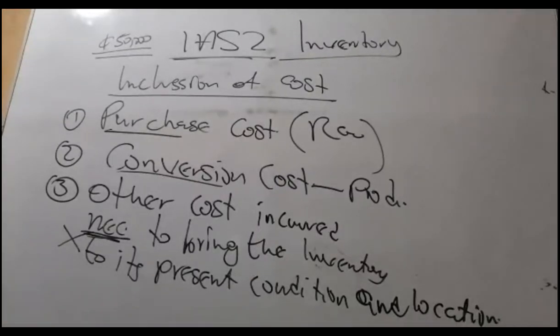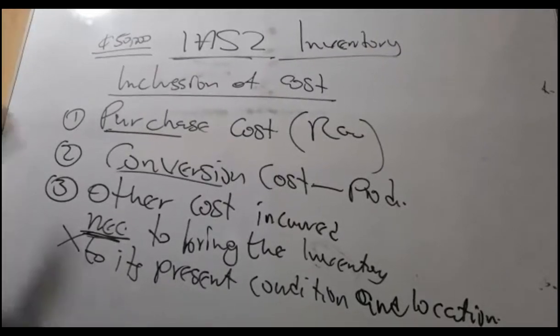Then you put the sachet water on it so that the water will not taste different from its original taste, or there will not be any mould or smell in the water coming from the floor. Such cost is the other cost, because it's not production cost and it's not purchase cost. So that's any other cost that you incur.